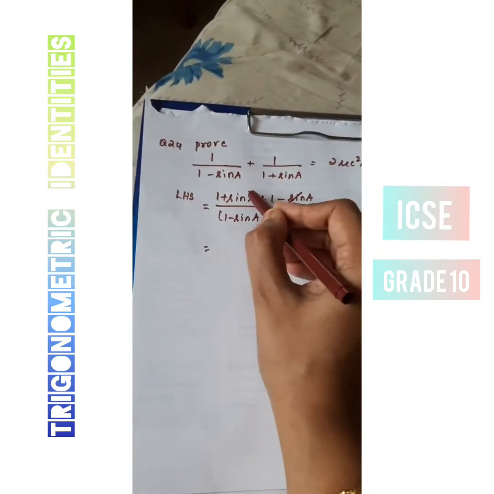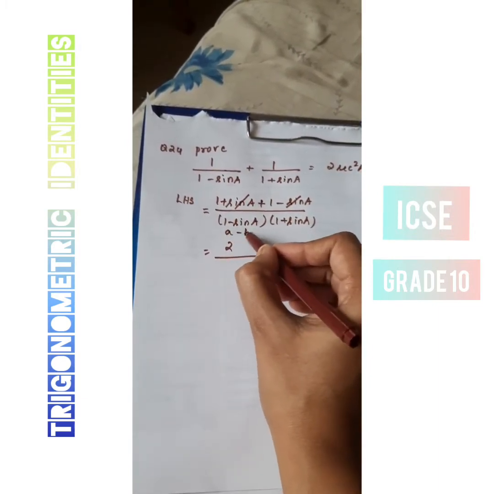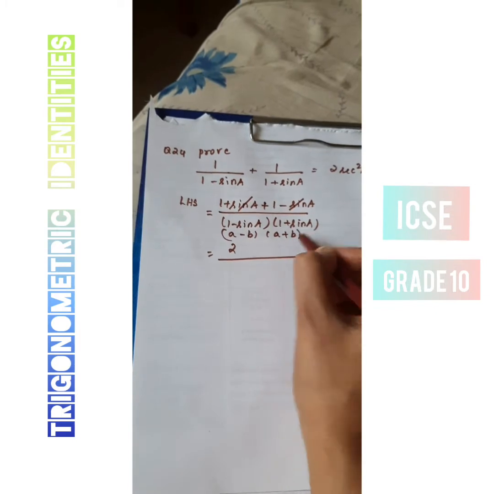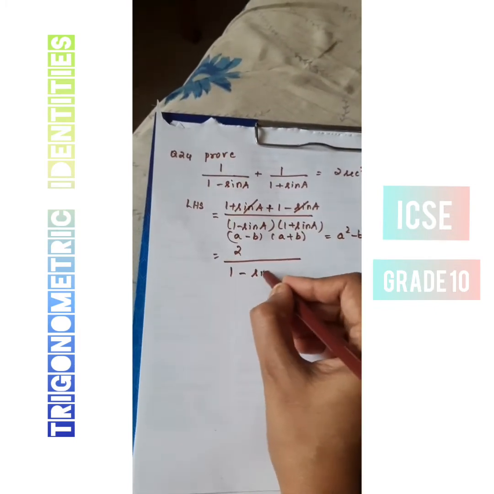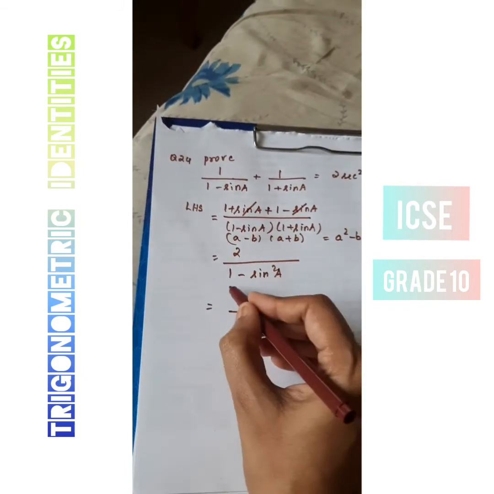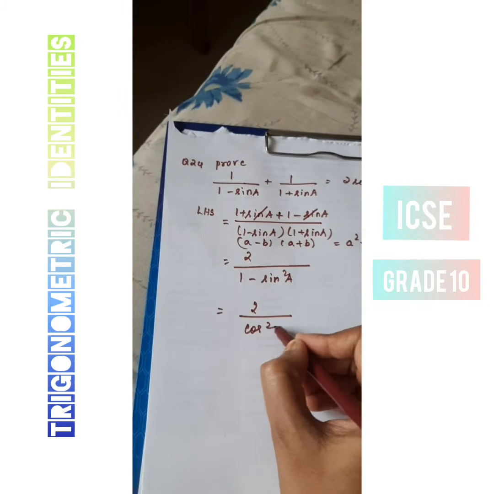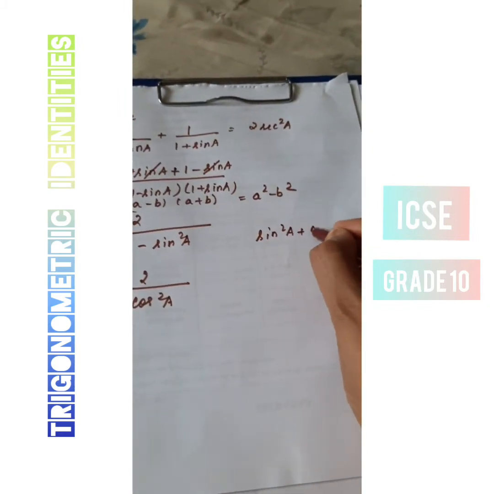So in the numerator sine a goes off, it's only 2, and the denominator can be rewritten as a square minus b square, wherein a is 1 and b is sine. So 1 minus sine square can be again written as cos square. So 2 by cos square a, and 1 by cos is a reciprocal.